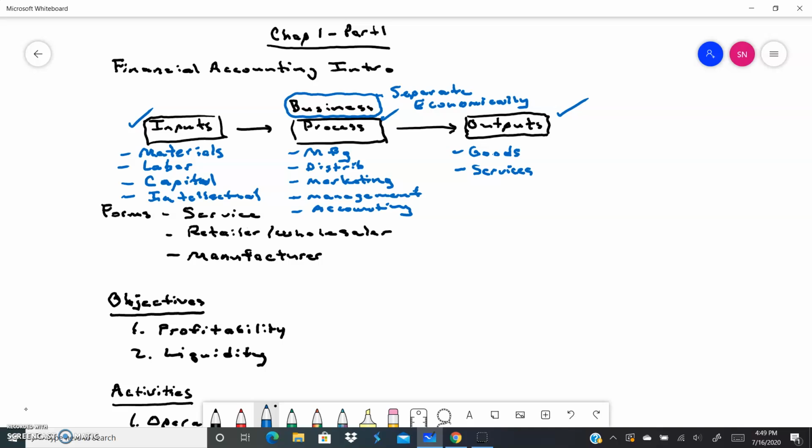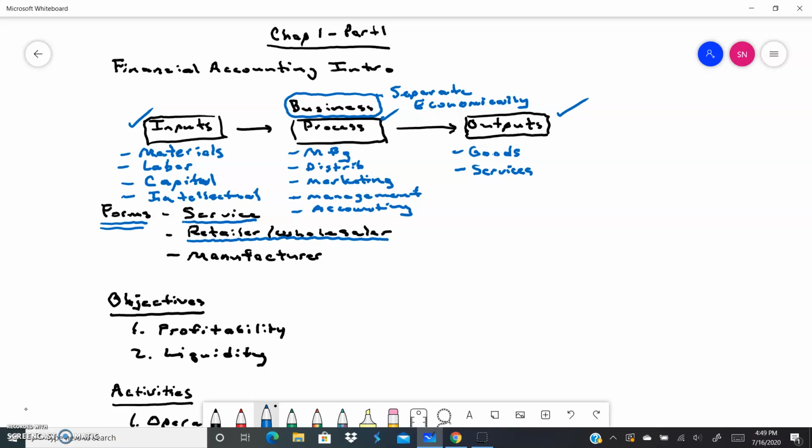So the forms of business for us in this class, we're talking about either a service business, the most simple form. Again, we're talking about law firms, realtors, accounting firms, doctors maybe, people who are in business to provide some type of service to their customers. The second type of business would be a retailer or a wholesaler.